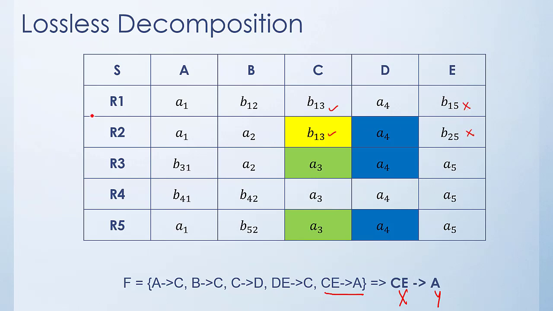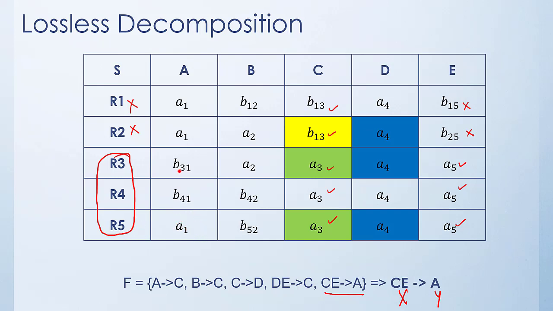Now what about row 3, row 4 and row 5? You can see that the value of C is the same for row 3, row 4 and row 5, that is A3, and the value of E is the same for row 3, row 4 and row 5, that is A5. So these three rows will be considered, and then we are going to look for the value for the Y, that is in this case attribute A. As you can see, in row 5, for the attribute A, I have the symbol A1.